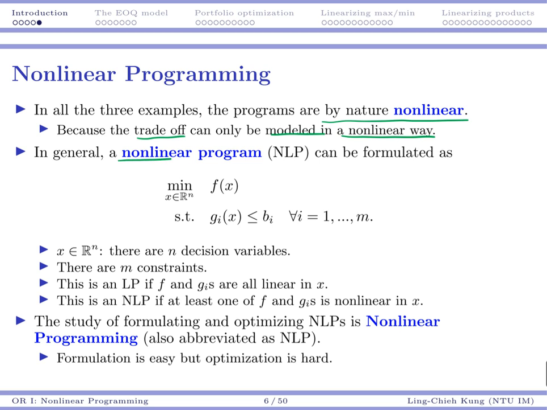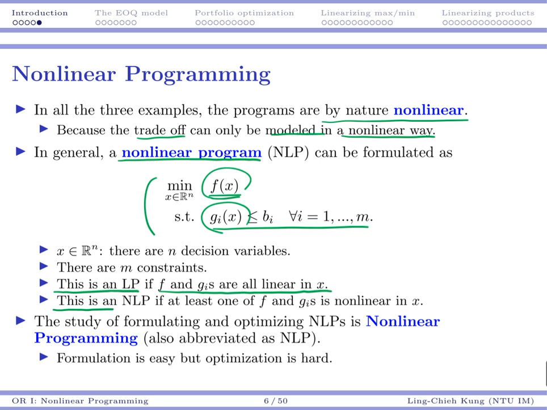In general, a nonlinear program is always formulated in this way. I want to minimize some function subject to several constraints, and some of these f or g_i functions are nonlinear. This would be a linear program if all these functions are actually linear. This would be a nonlinear program if at least one of them is nonlinear.